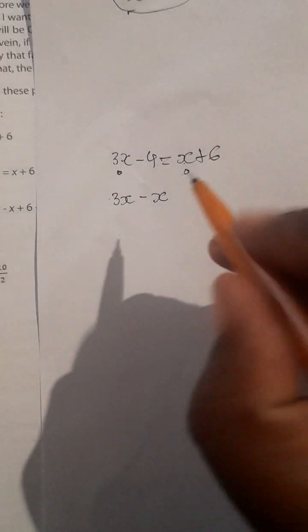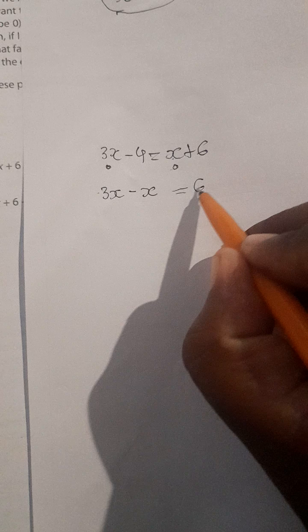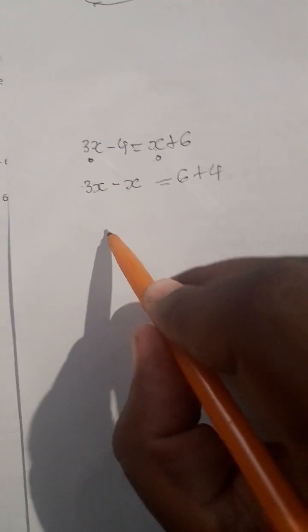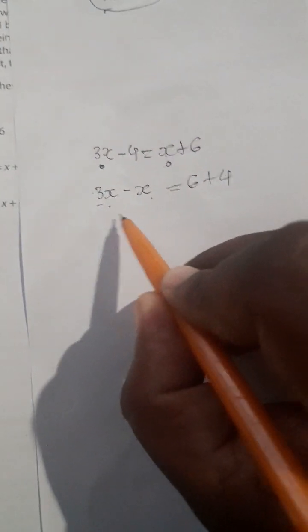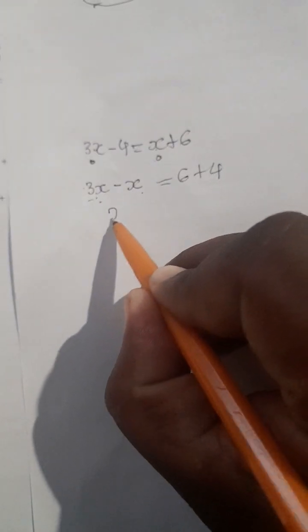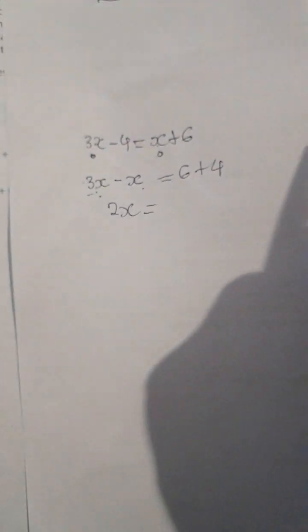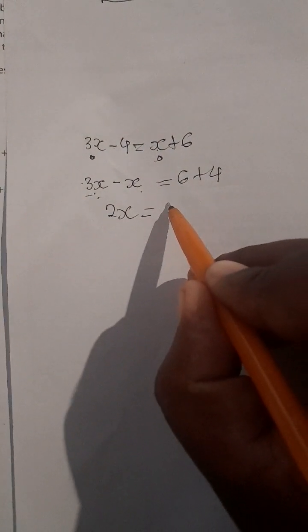Right? So if negative 4 goes to the other side, it will be 6 plus 4. Because it's negative, when you transpose it to the right hand side, it changes. So the like terms are here. How many? We have 3 x's here. If you take 1, you're left with what? 2x, right?